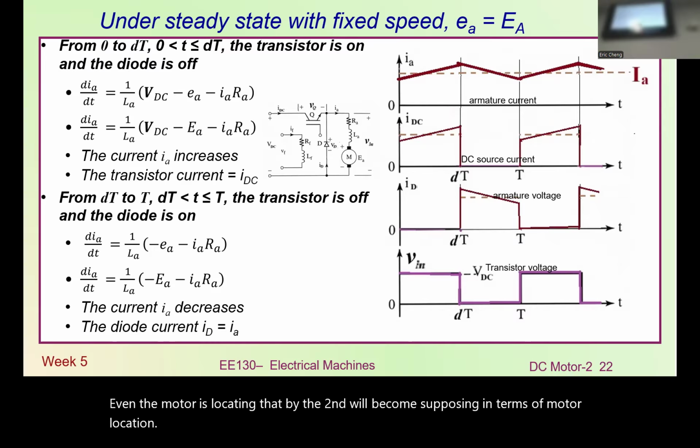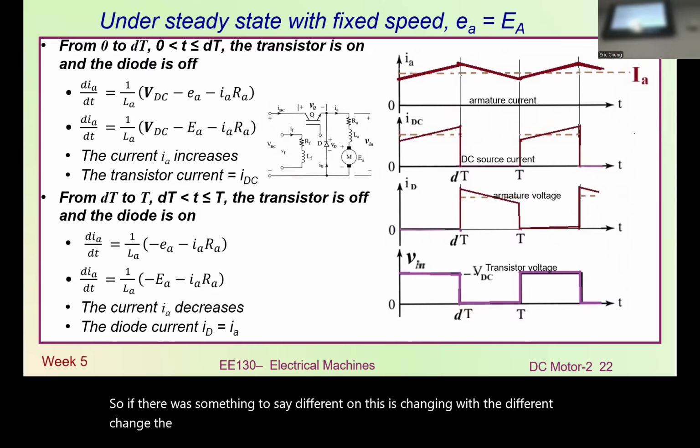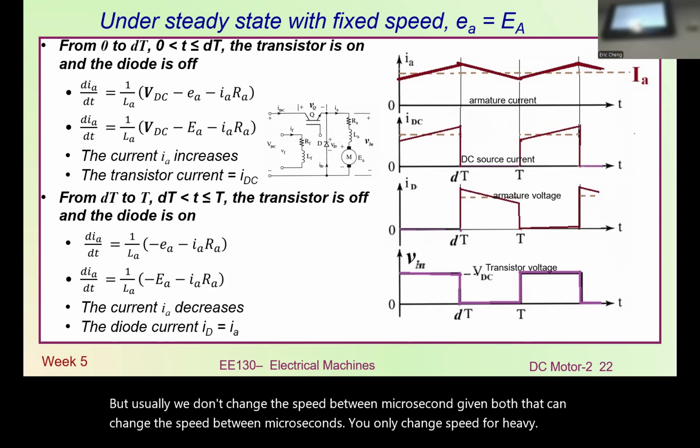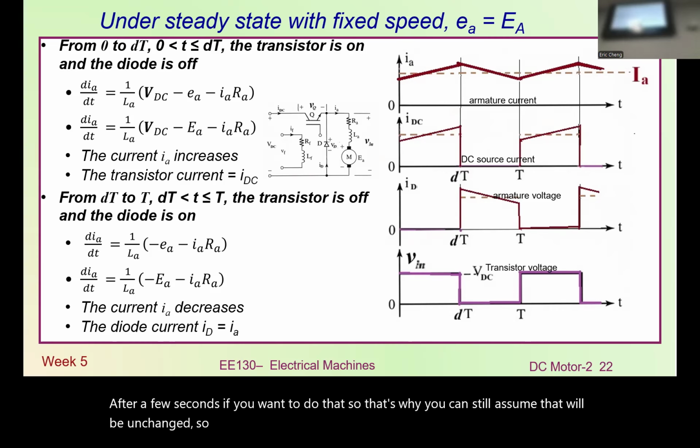So even though it is changing, usually we don't change the speed within microseconds. We only change speed after 2 seconds, if you don't want to do that. So that's why we can still assume that it will be unchanged, which makes the equation simple, easier to solve.